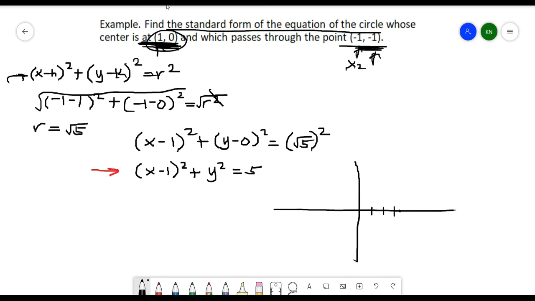And then let's try to plot our center first. So we have 1, 0. So that's somewhere here. And then we have 1, 2, and 2.5.